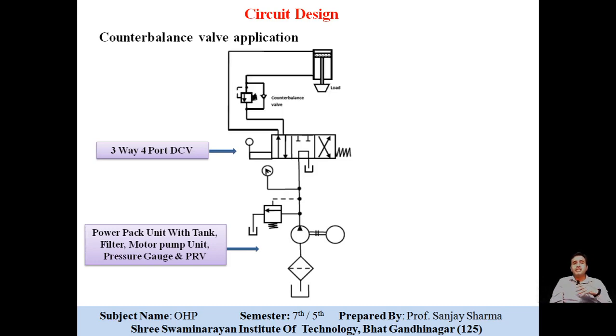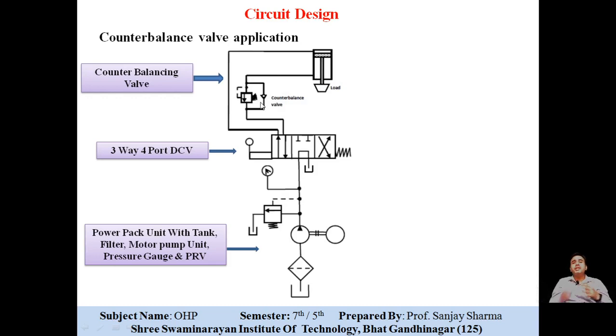Now let us see the counterbalancing valve type actuator. Now here you see this actuator is vertical. Now when it is vertical and some device is loaded here, it has its own self weight. So in order to counterbalance this vertical actuator, a counterbalance valve is provided here.